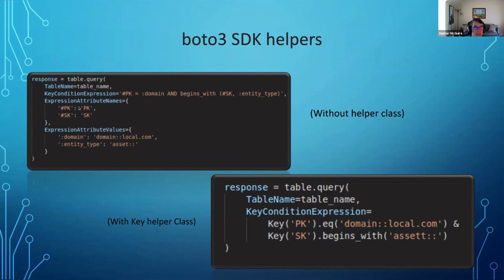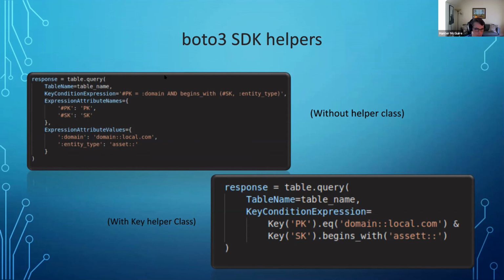So #pk equals pk, because that's the attribute, the primary key that I'll use, and #sk equals sk. So we have to have names, and then once we have those names defined, we actually have to pass values to these variables we're building as well, the attribute values. So :domain equals, in this case, domain:local.com. That's what I want to query for.